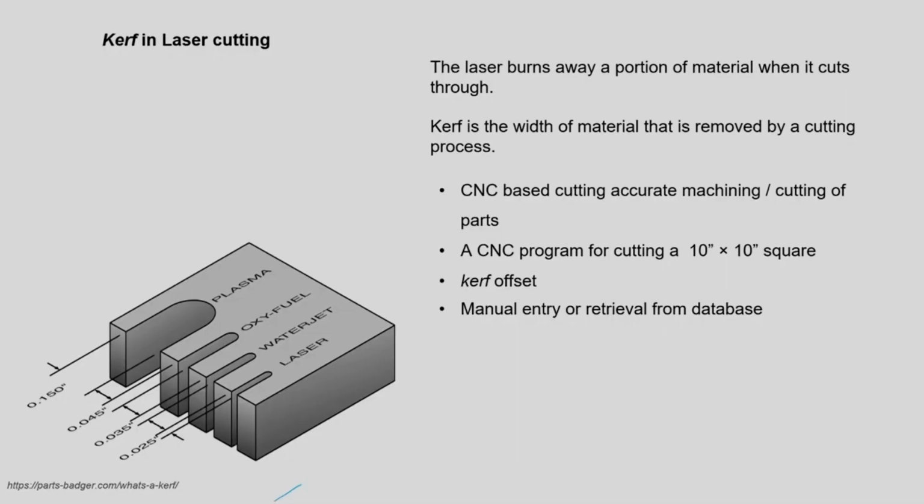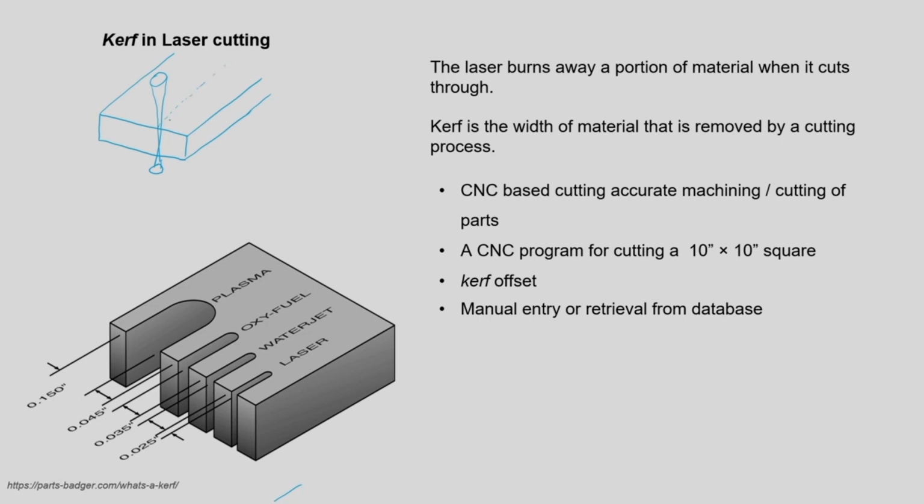When we cut the material by using a laser beam, the width of the portion which is getting burnt away is called the kerf in laser cutting. Let us consider we have a material and a laser beam focused on it, and we get the interaction of the material with the laser beam.